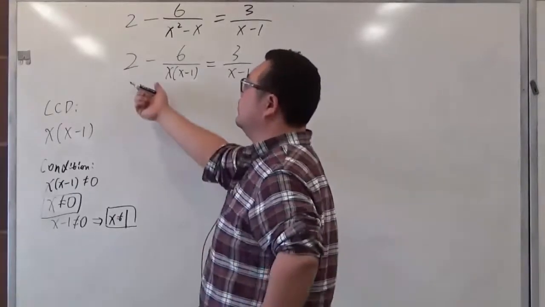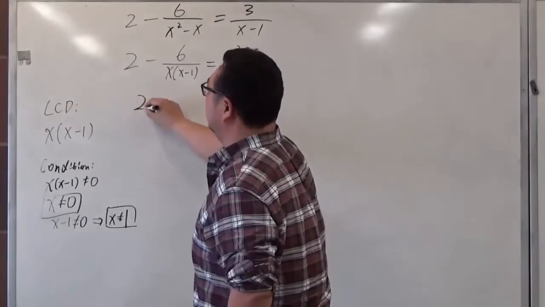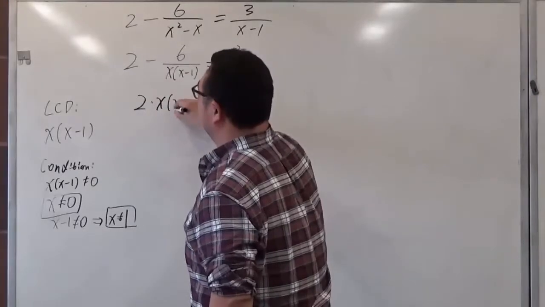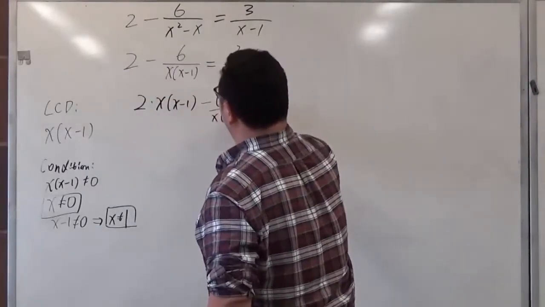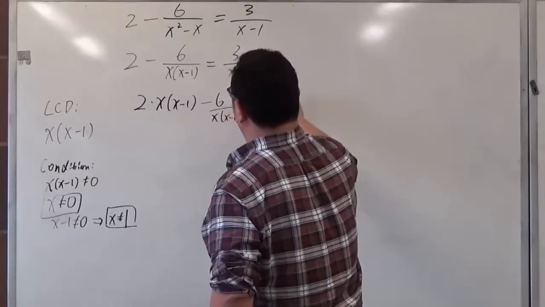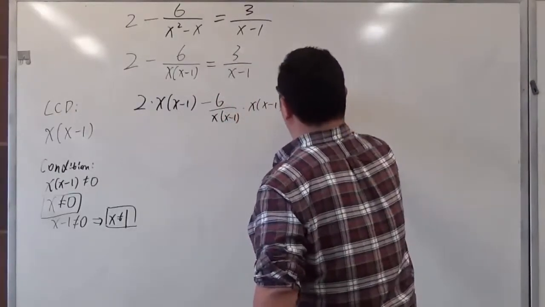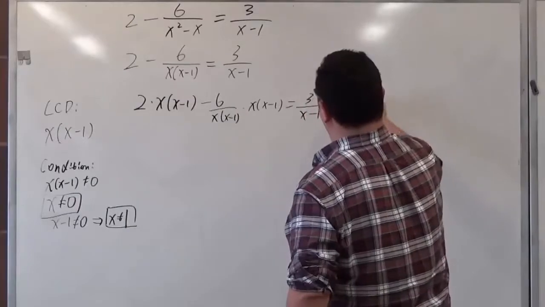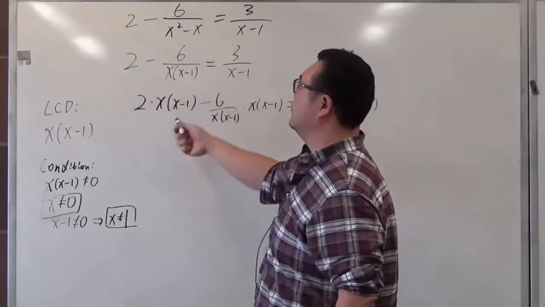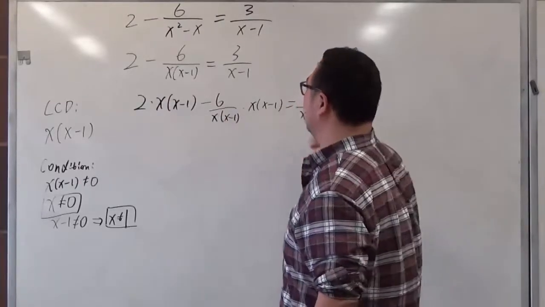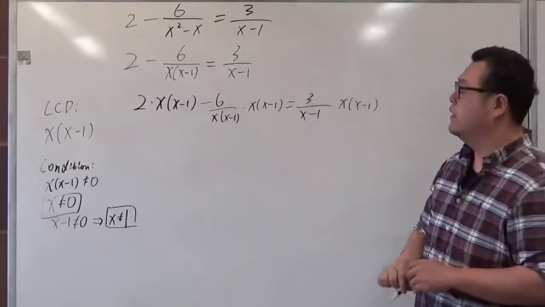The way we solve the equation is to multiply each term by the denominator we found. Each term, one, two, three different terms, we multiply by the denominator.